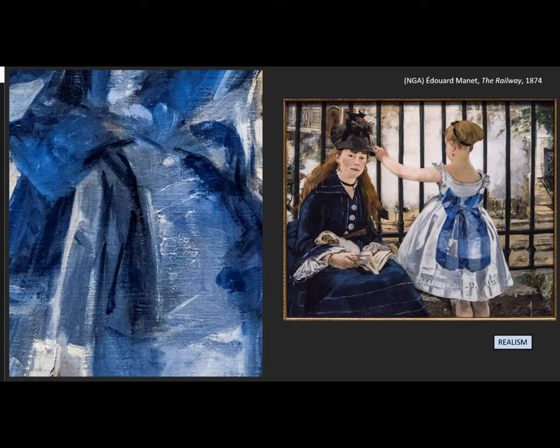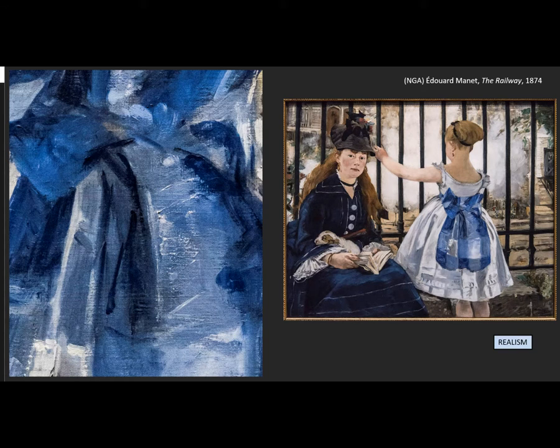And that the two-dimensional surface of the painting is in fact a mirror or a window, right? And that the things that we're seeing are actually three-dimensional, right? And Manet keeps bringing you back and forth between that.